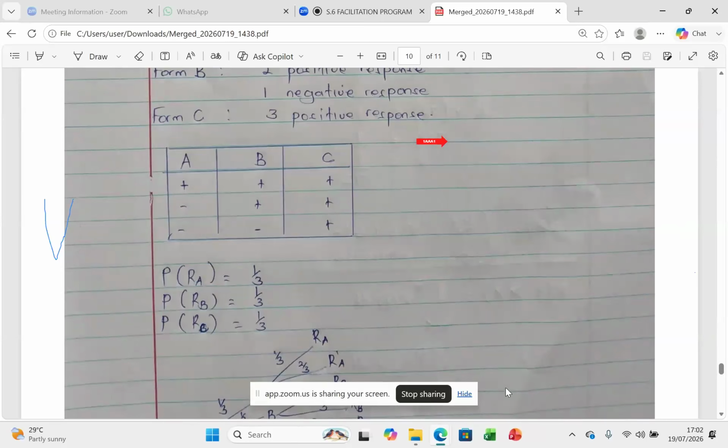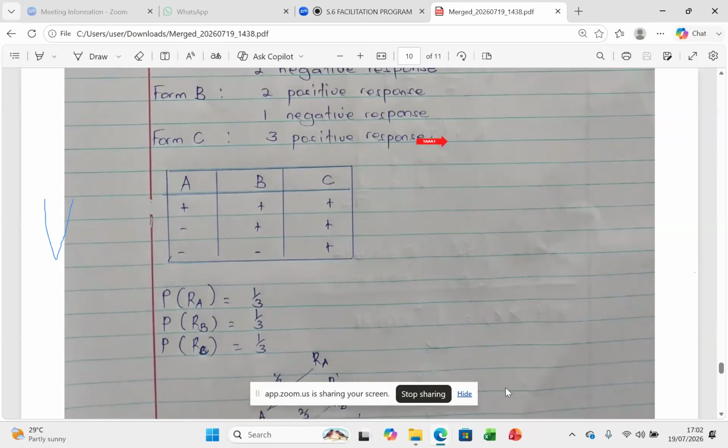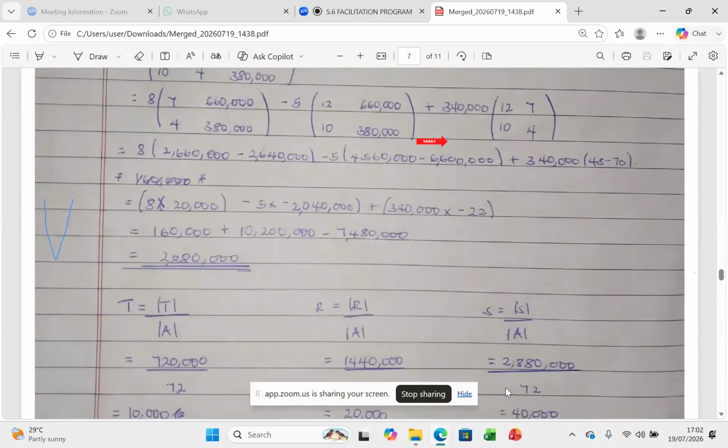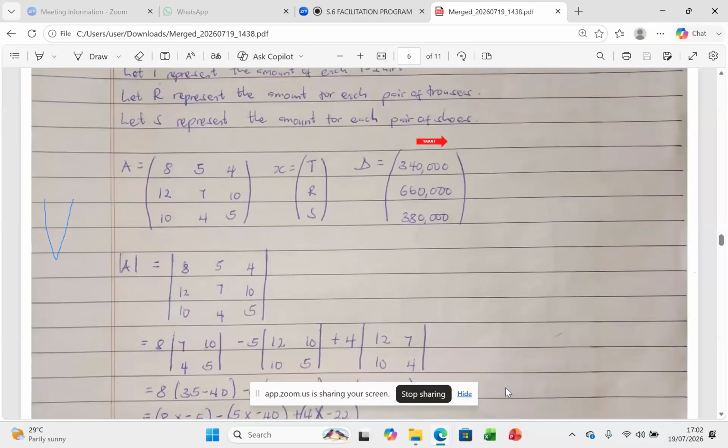So from the question, we had that for form A, we had 1 positive response and 2 negative responses.